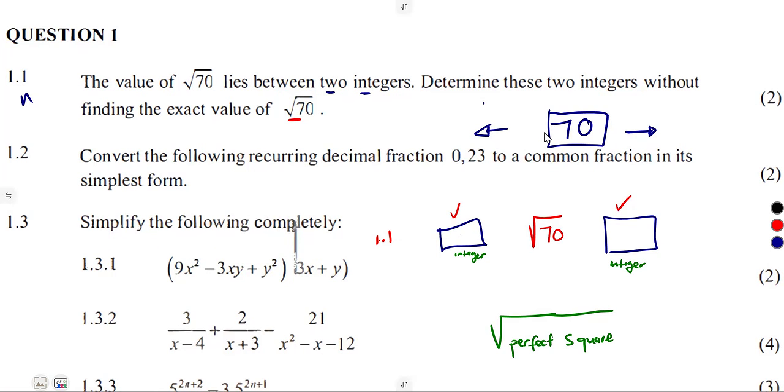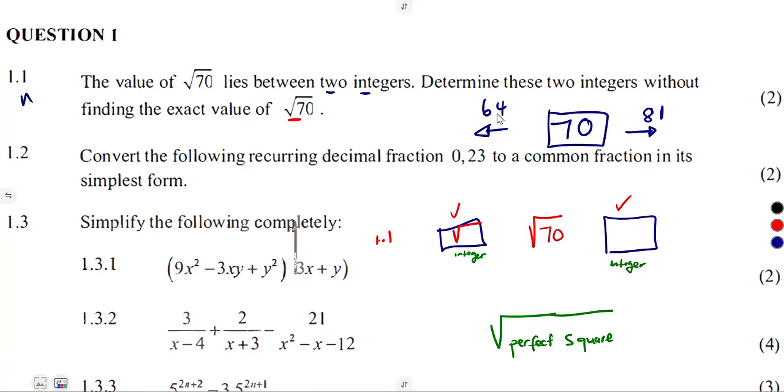From 70, 69, going down, you'll see that up to 64, which is a perfect square, 8 squared. Then going up, 71, 72, and so on, the least perfect square you are going to have will be 81. So those are the ones that you are going to need.